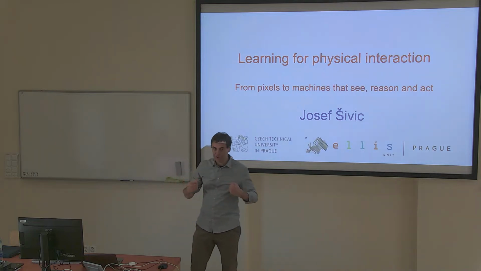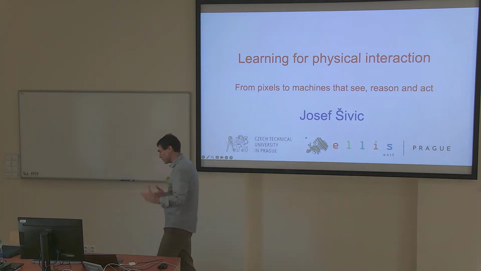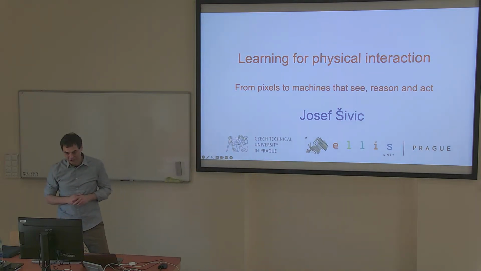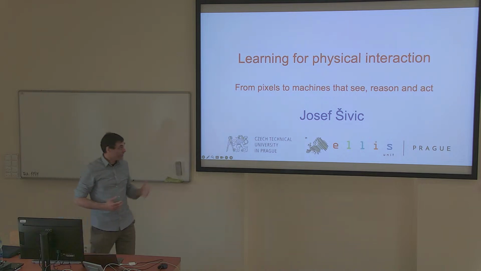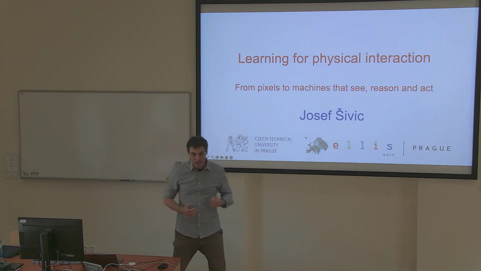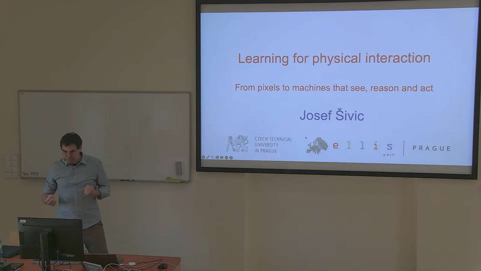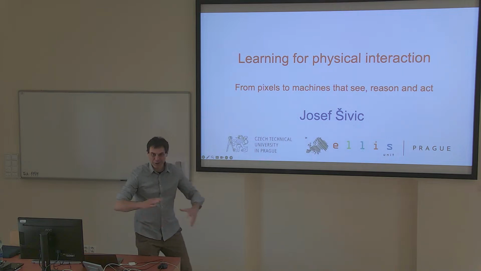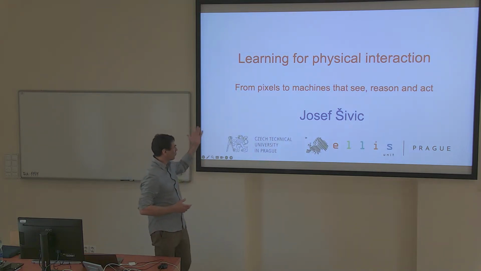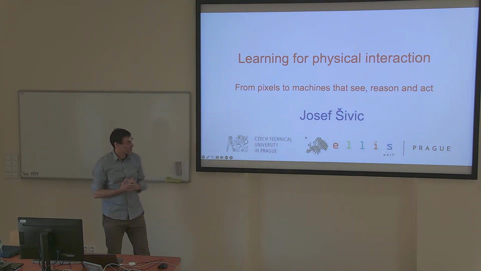But it will be really motivated by our recent research results. And the topic is learning for physical interactions, and what I mean by this is when we put cameras on robots and let them try to touch and interact with the world. And that's why I call it from pixels to machines that see, reason, and act.